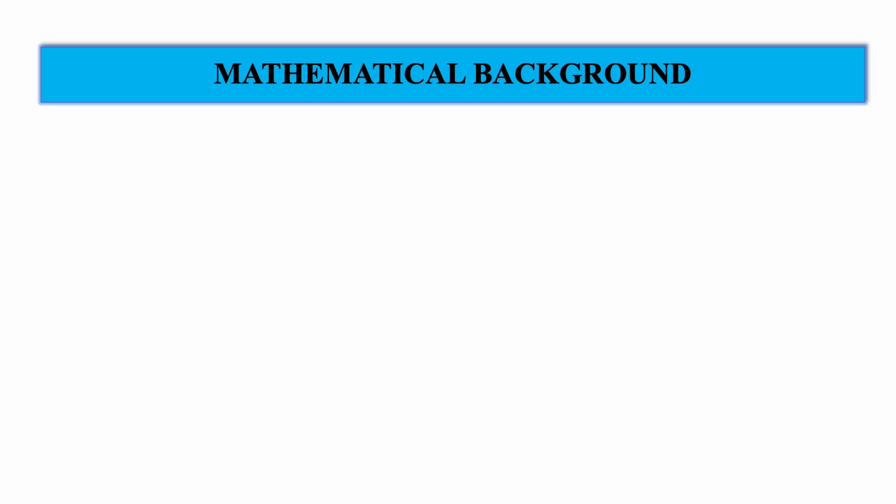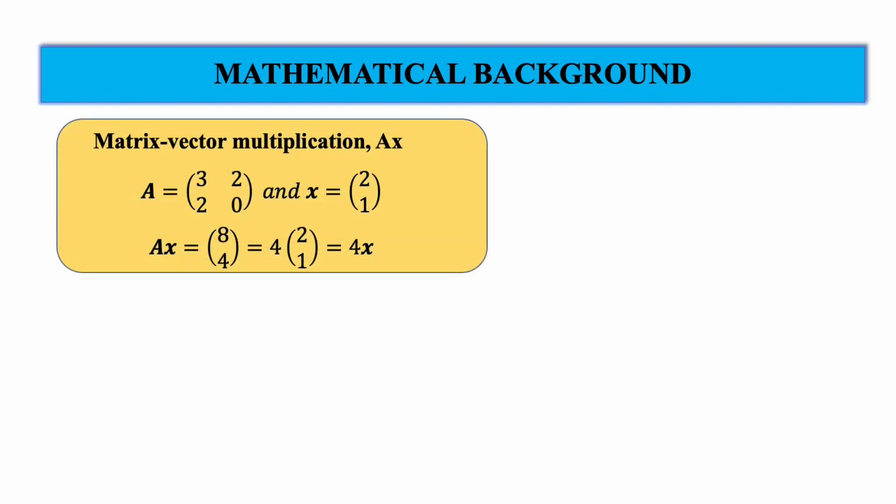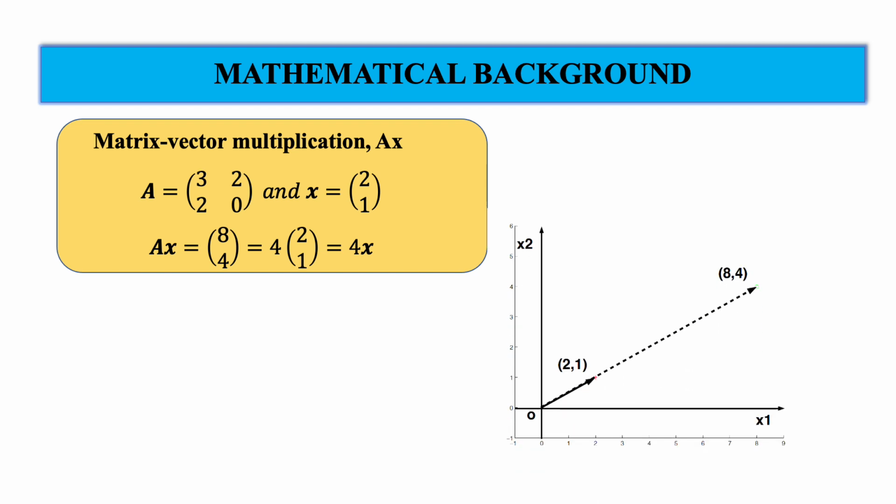Now there could be some cases where the pre-multiplication of a vector by matrix A will result in a vector in the same direction. I consider the same matrix as in the last case, but a different vector. So AX is 4 times the original vector.